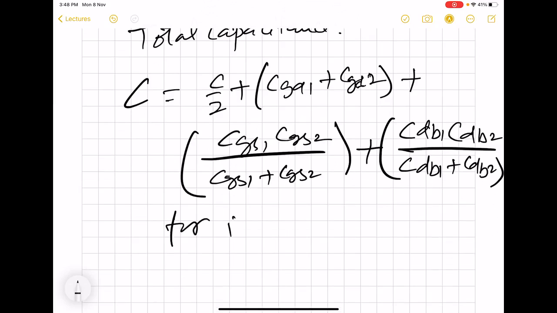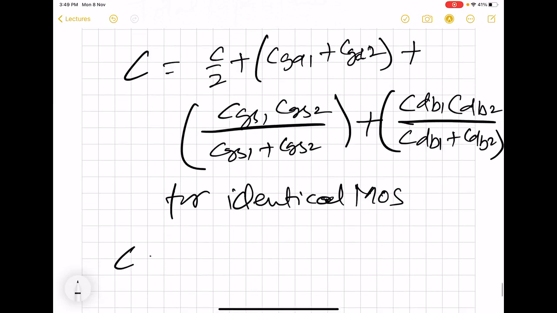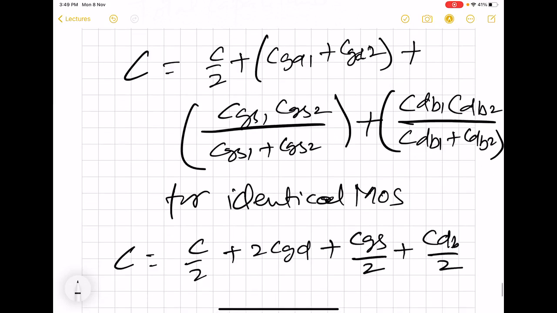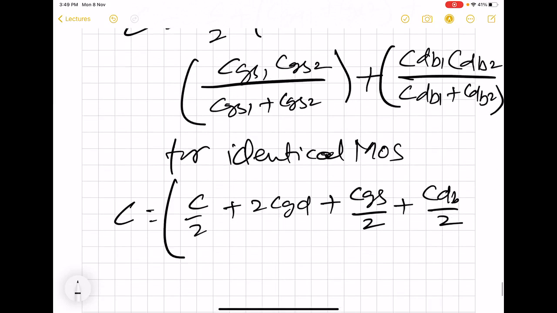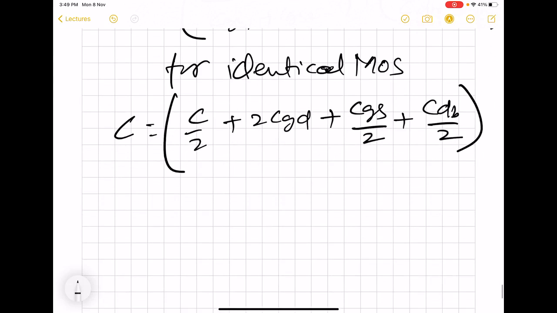For now we can simplify it for identical MOS. C becomes equal to C by 2 plus 2 CGD plus CGS by 2 plus CDB by 2. So this is the total capacitance.